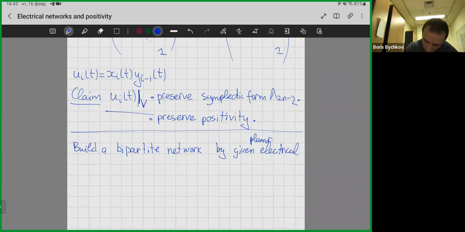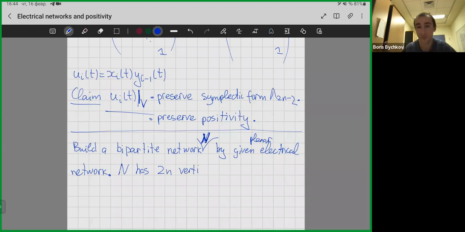This bipartite network, let me denote it by N, will have 2n vertices on the boundary. So N has 2n vertices.